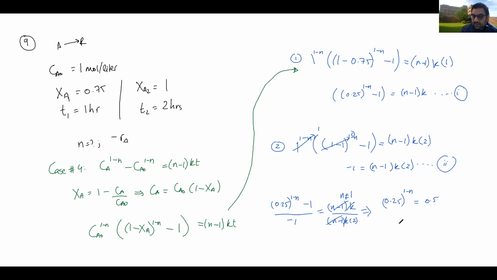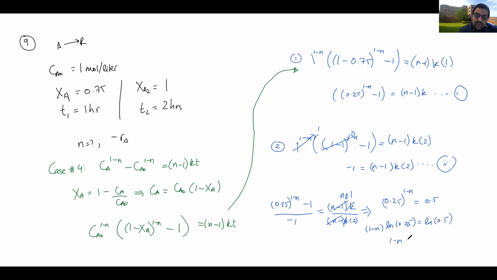So what's the answer here? N has to be half, right? It's quite obvious that N is half. But if you really want to, you can take ln of both sides. ln of 0.25 to the power 1 minus N is equal to ln 0.5.